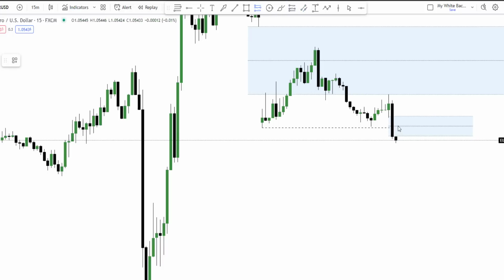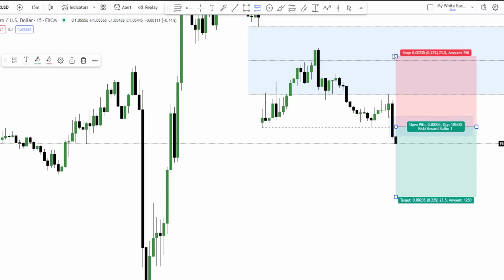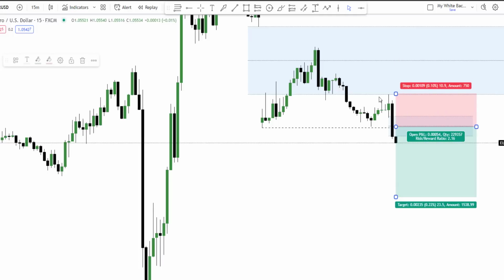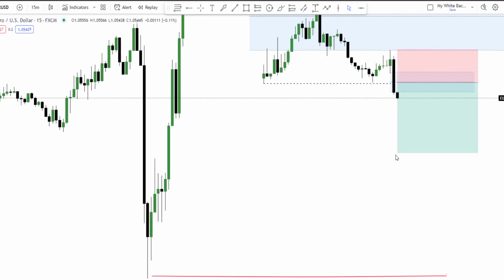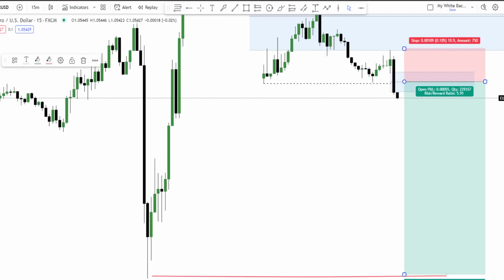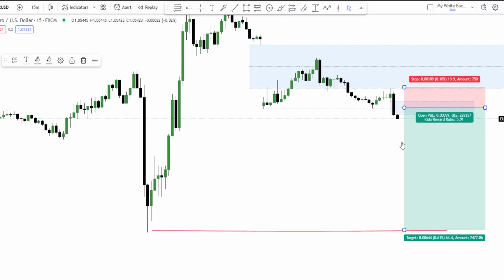But normally, on Mondays, I don't normally take trades. If you want to put your stop loss with this kind of setup, it's mostly above here. All right. If you want to be very, very conservative, maybe you can consider this place and you will target this area.